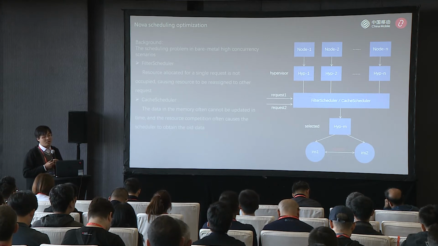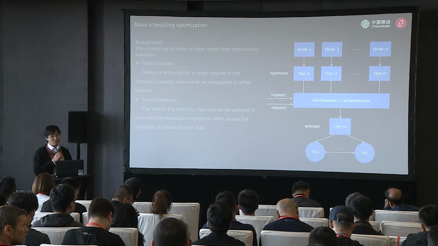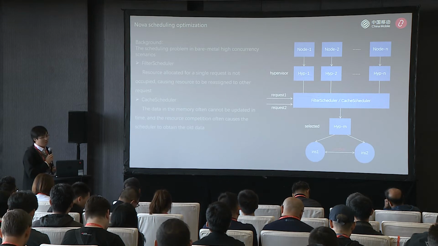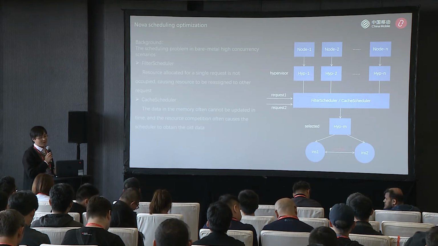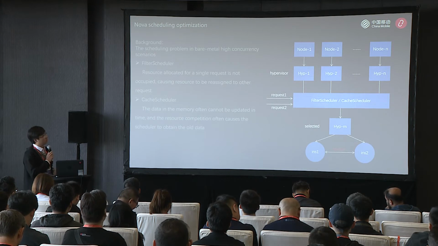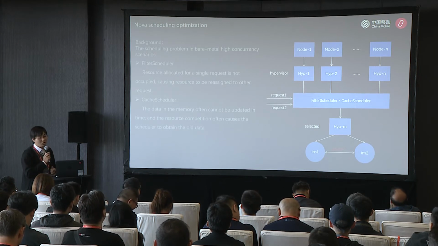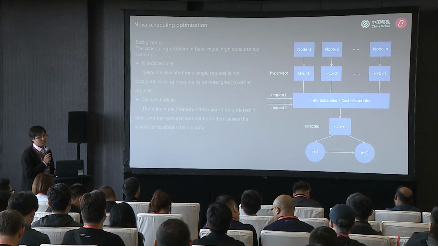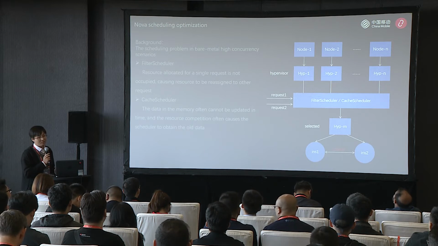The cache scheduler will execute a periodic task to synchronize the memory data with the database. But these two schedulers both have a very serious problem. They do not occupy the resource after selecting the destination host. Both use the function that sends an RPC message to Nova Compute to confirm and occupy the resource.